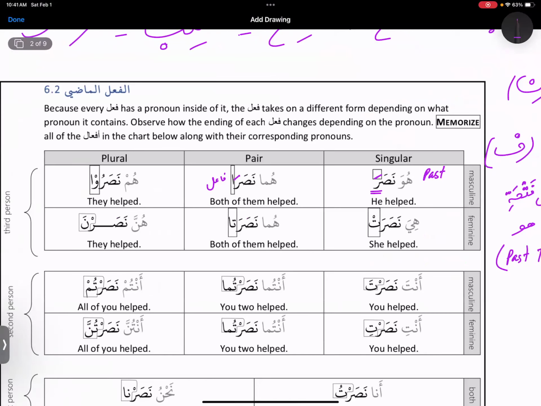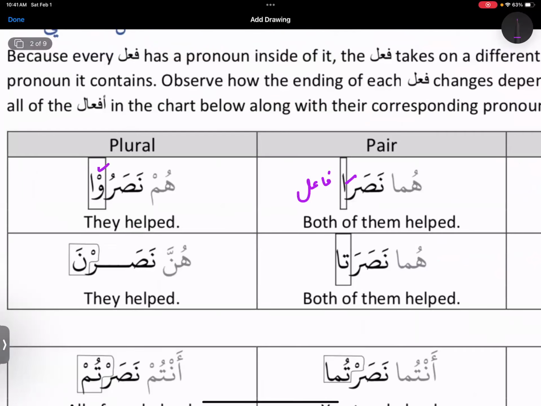Then in Nasaru, what's going on? Where is my fa'il? Wow and alif. Oh, jama. It's the wow of jama. And what is this alif doing here? It is showing a separation, and there is a name for it, called alifu farika.